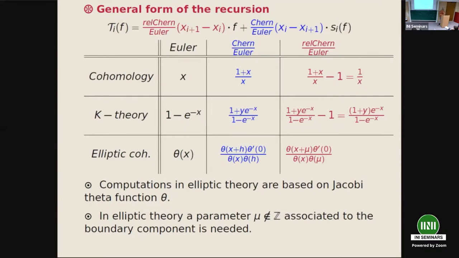Relative Chern class divided by Euler class times f, and this depends on the parameter xi, plus the opposite difference, Chern divided by Euler divided by the opposite, but multiplied by the transposed parameters in Si.